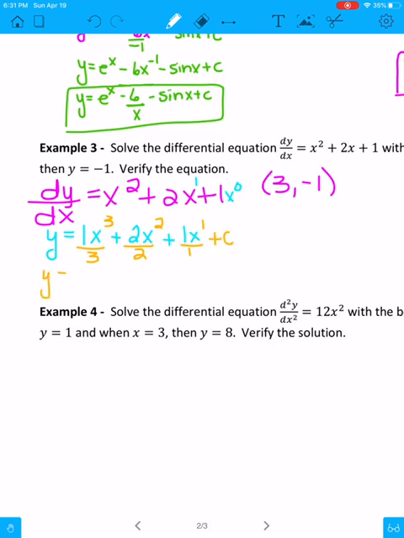So I'm going to get y equals 1/3 x cubed, the 2's cancel, plus x squared, the 1's cancel, plus 1x plus c. And normally we'd be done, but they actually gave us a point off this original equation.